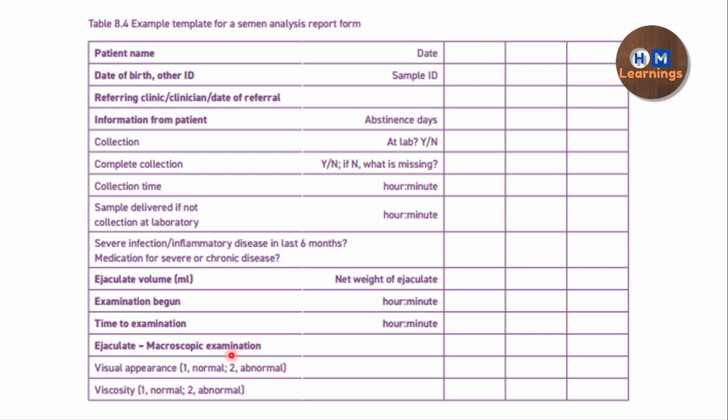So this is the report form mentioned in the WHO manual. There is the patient name, date of birth, and everything about that: whether the collection was complete, yes or no, collection time, sample delivered, and whether there is any history of infection, and the volume.